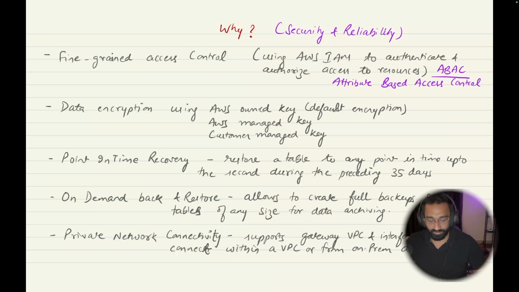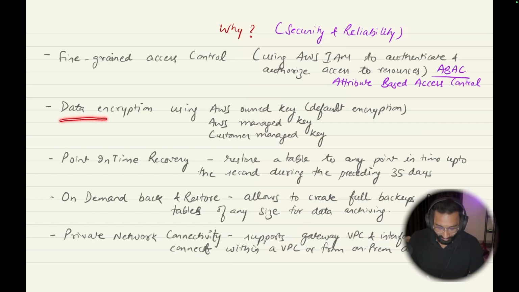Another reason, the why perspective of using DynamoDB, is security and reliability. With DynamoDB, you can have fine-grained access control over tables. This can be done using AWS IAM to authenticate and authorize the users, whether they can get the data from the tables or not.